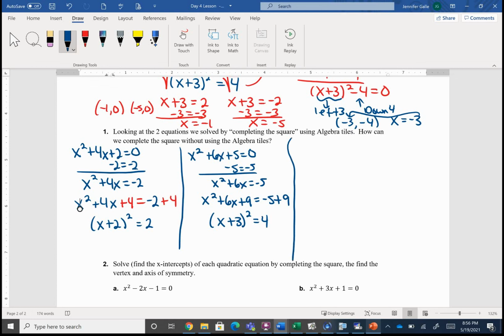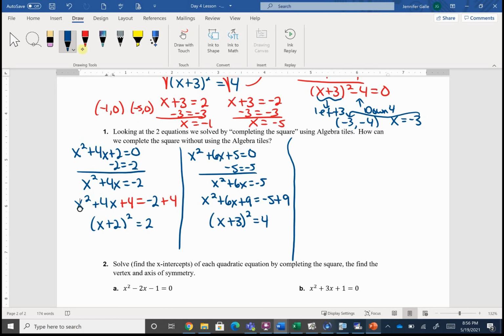So looking at these two processes without the algebra tiles, let's take a look at the step by step for each one of these and how we can quickly get our square without having to use the algebra tiles.